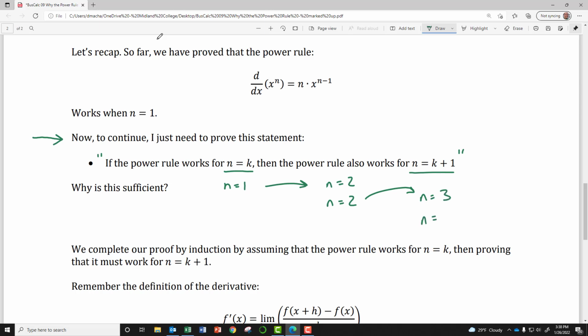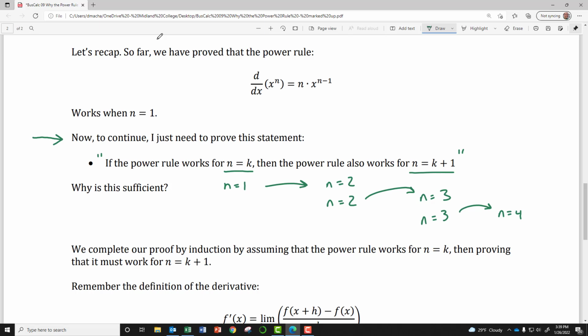And if the power rule works for n is equal to 3, then it also must work for n is equal to 4. So actually for every natural number up to infinity, we can prove that the power rule will work for any natural number n if we can just prove this statement.